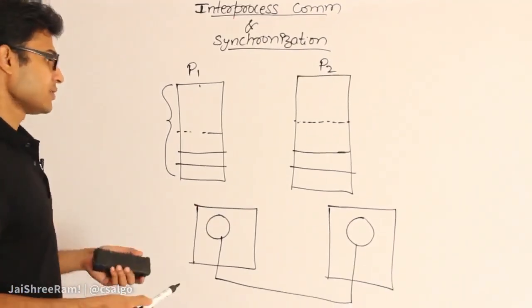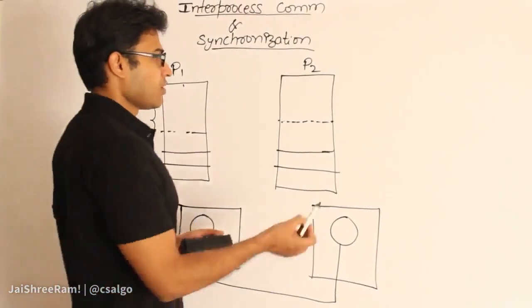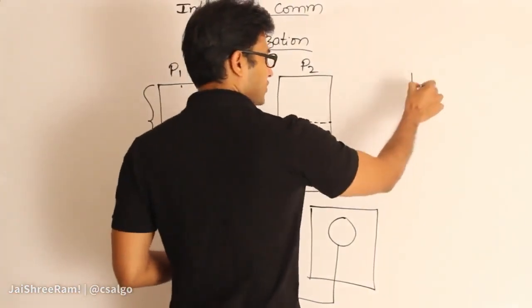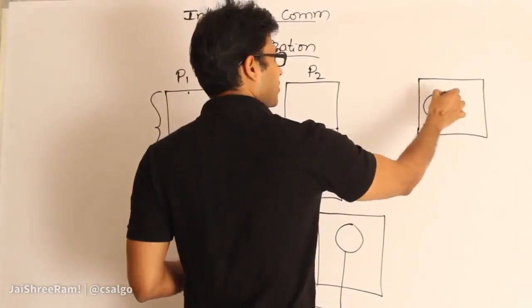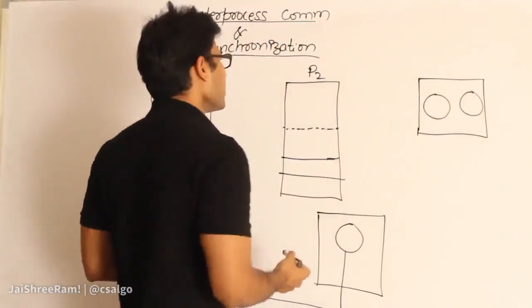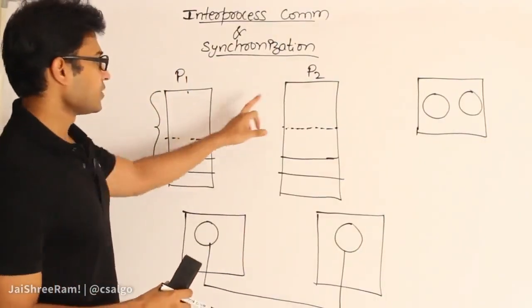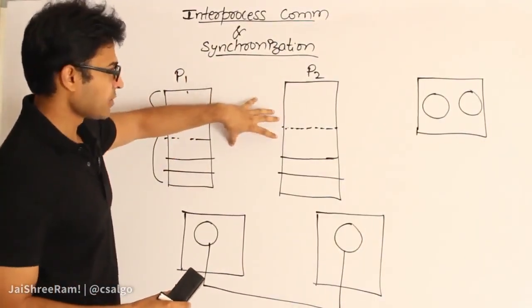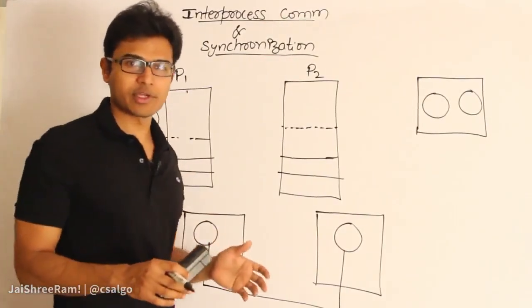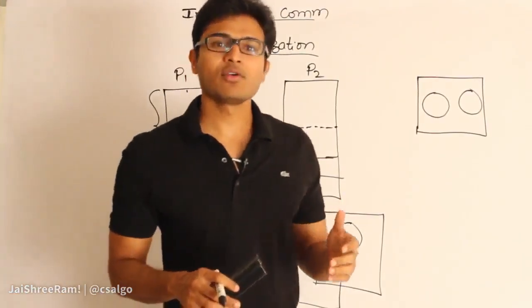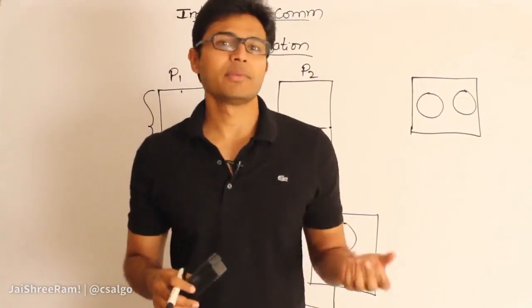Now in operating systems, the main difference is that we are not going to use different computers. In the same computer, two processes want to communicate. For example, there is process P1 and process P2, both present in the same computer, and they want to communicate with each other. Why do they want to communicate? They want to cooperate or they want to compete for something.